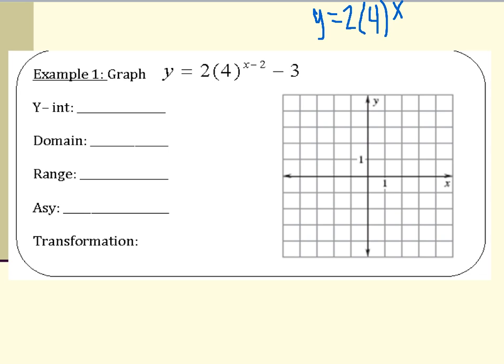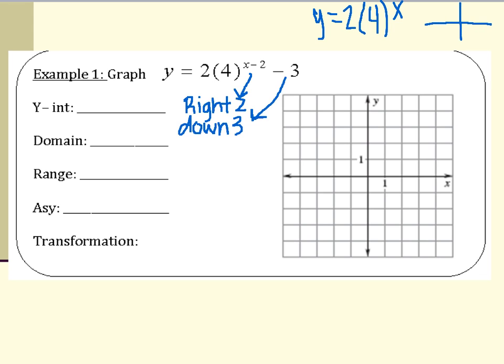So then we'll move all the points, this minus 2, that minus 2 next to the x, instead of going left to what you think it should do, we're going to move all the points right 2. And then this minus 3 tells us to move all our points down 3. But let's first graph our basic equation, y equals 2 times 4 to the x power.